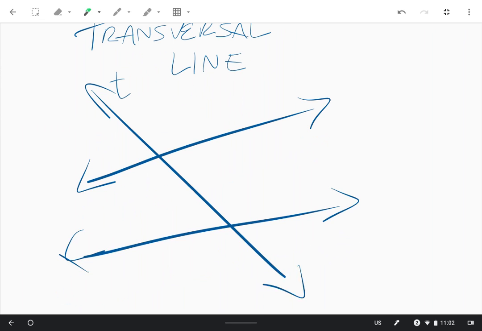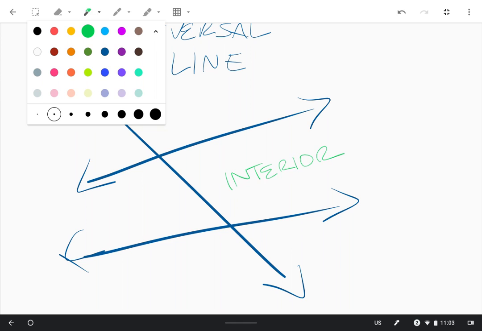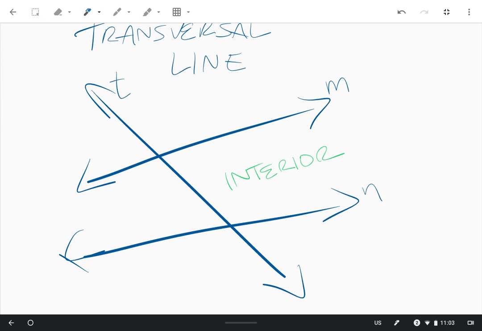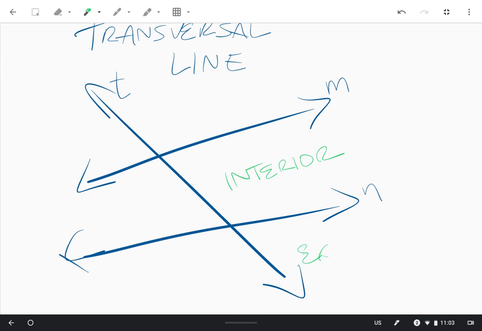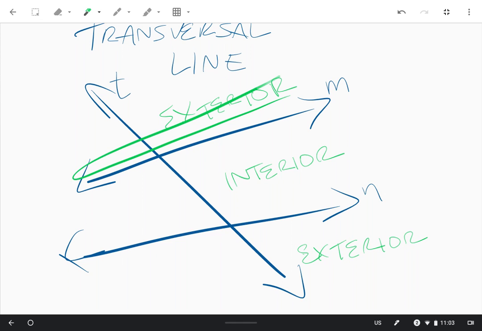The first thing it does is it separates this diagram into the interior area between the other two lines. We'll call these lines M and N. And it also separates into the exterior. So basically, everything out here is exterior, and here.